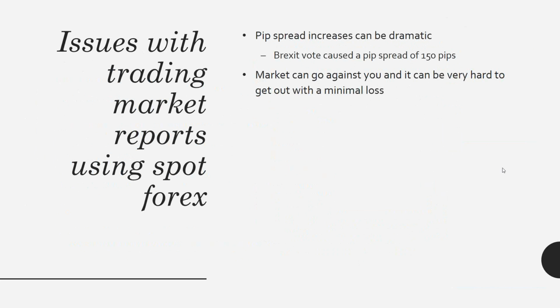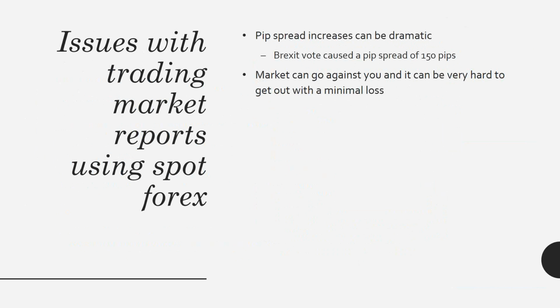Now, some of the issues that I encountered as a spot Forex trader were, number one, when you're trading Forex, you don't pay a commission. It's actually a pip spread, the difference between the bid and the ask. And any time there was a major market report, those pip spreads would increase dramatically.